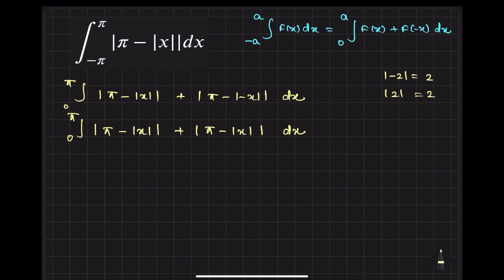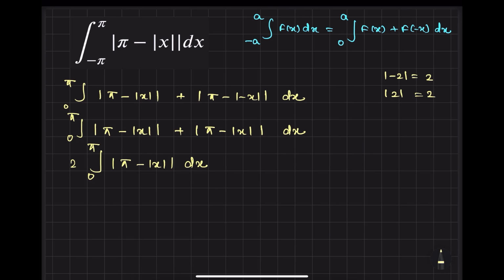Now can I write this thing as 2 times the integration from 0 to pi of mod (pi minus mod x) dx. Now be very careful. This limit is for x, meaning x is ranging from 0 to pi, so it's a positive number.